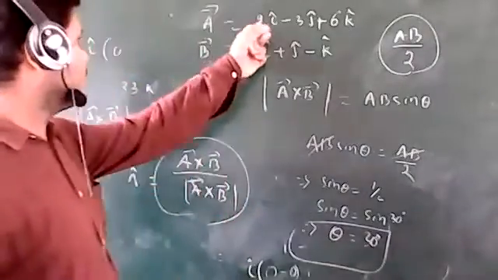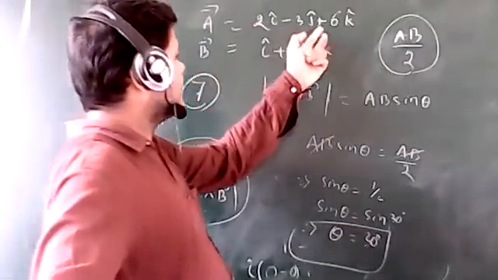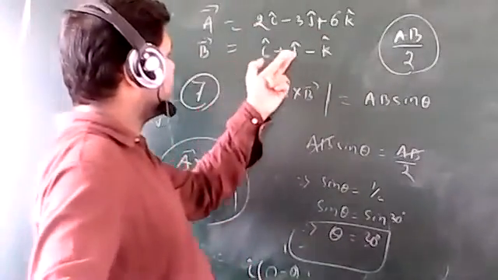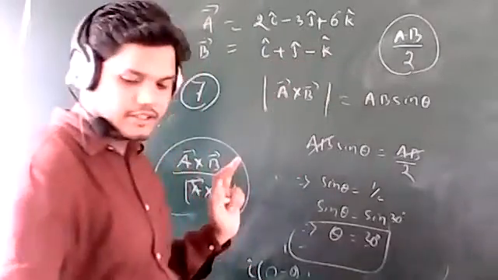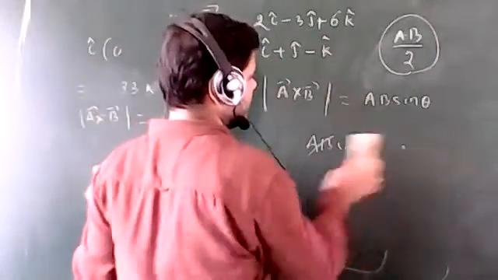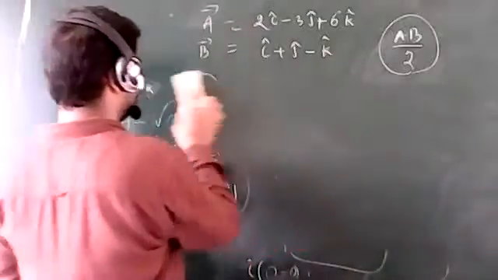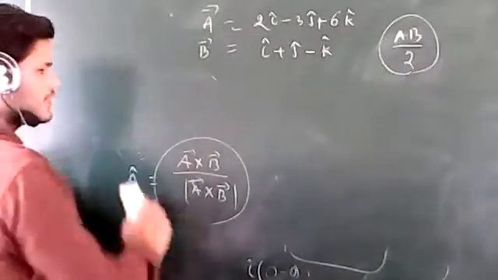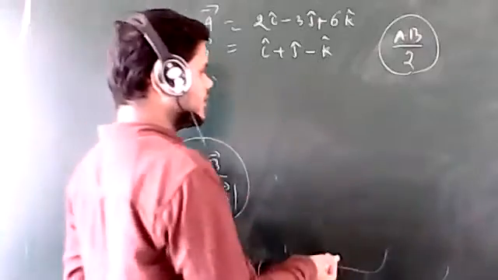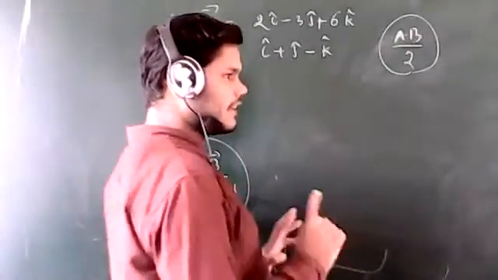A vector is given to you, 2 i cap minus 3 j cap plus 6 k cap, and B vector is given, i cap plus j cap minus k cap. First of all, you have to find out A cross B, and in the question it is given that you have to find another vector whose length is 7.